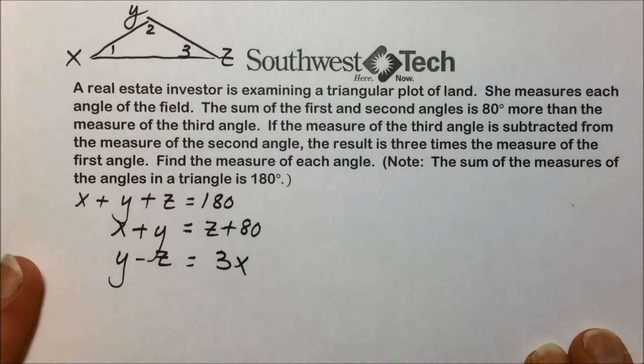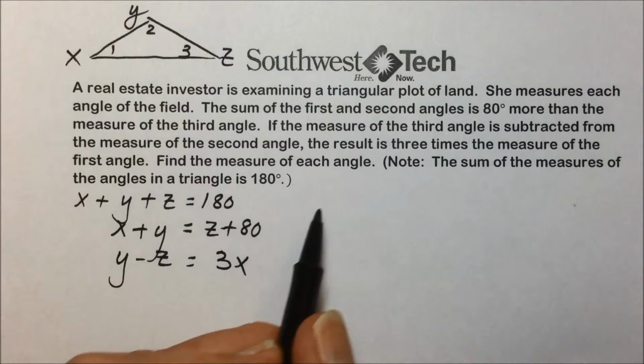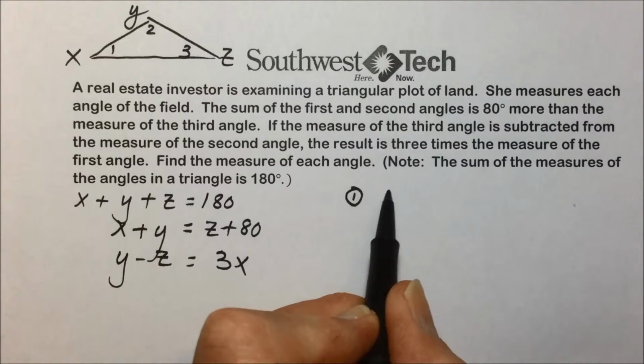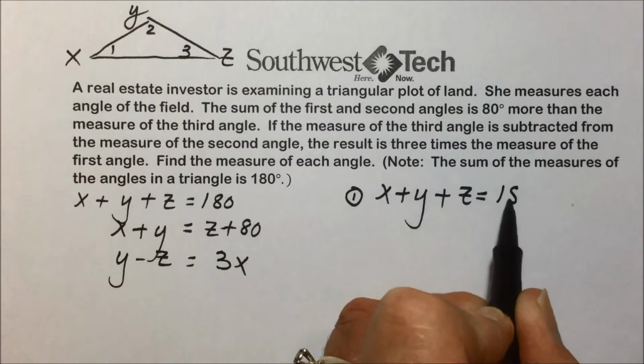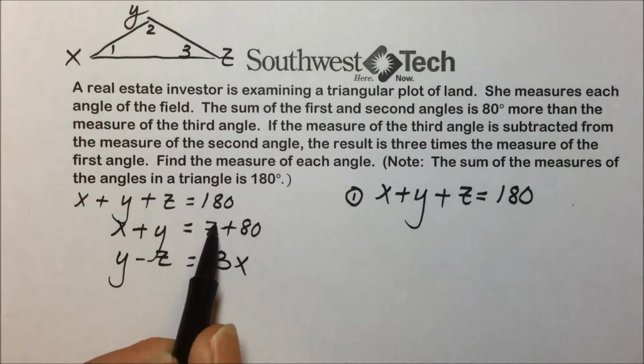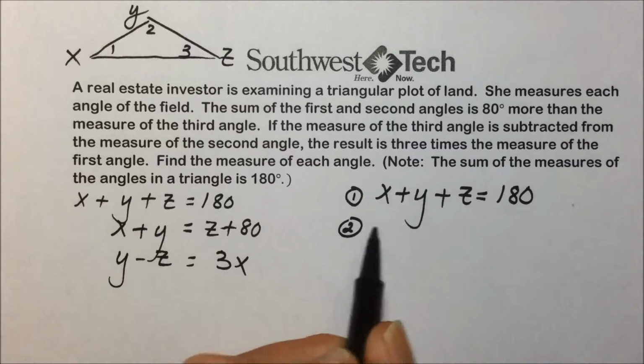So let's get these in order so that they're all lined up variable-wise. The first equation looks great. We're going to leave it as x plus y plus z is equal to 180. We need to bring the z to the left. It's positive on the right. Subtracting a z from both sides will turn it into a negative.